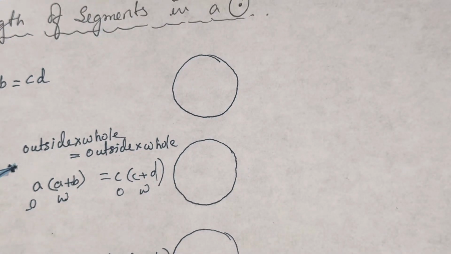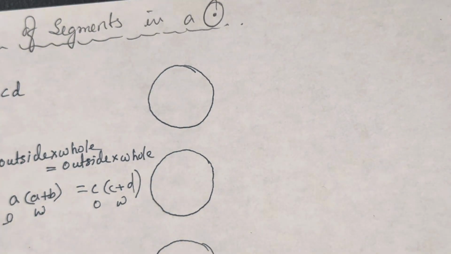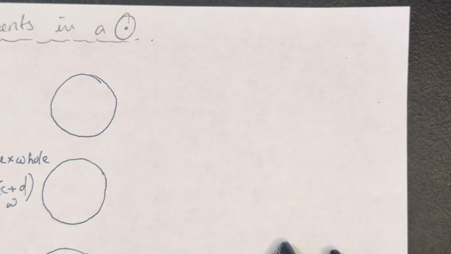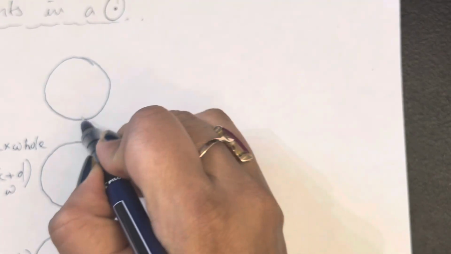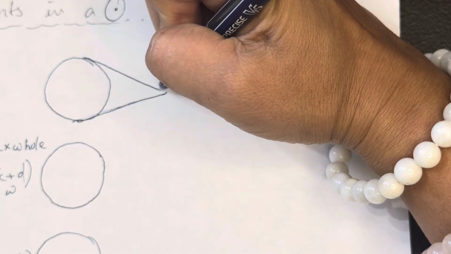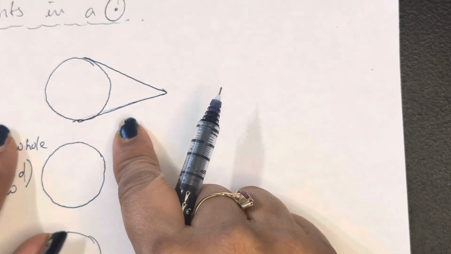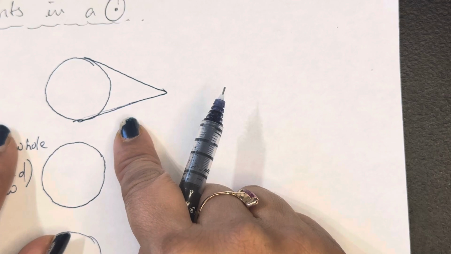Now we will see some more special conditions, like if there are two tangents outside a circle. So I have already drawn the circles just not to waste my time. See, if you observe, these are two tangents to the same circle. The length of the tangents are always the same.